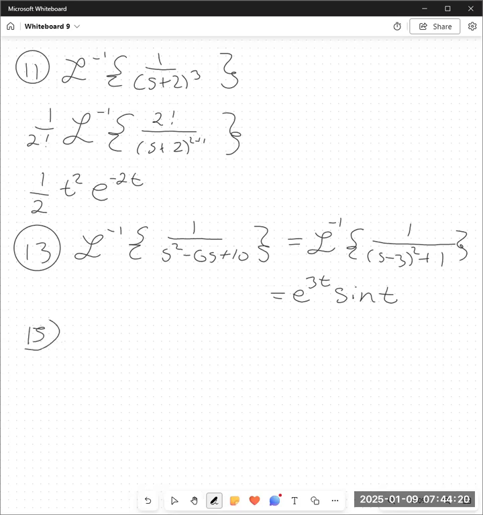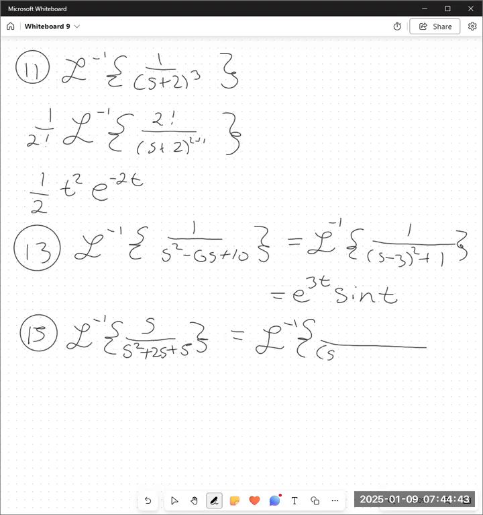Number 15 is inverse Laplace transform of s over s squared plus 2s plus 5, which is inverse Laplace transform of s plus 1 squared. That leaves me with plus 4 here. And right now there's just an s.